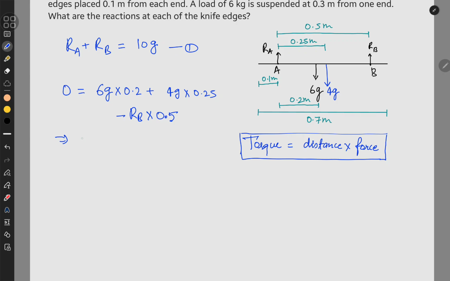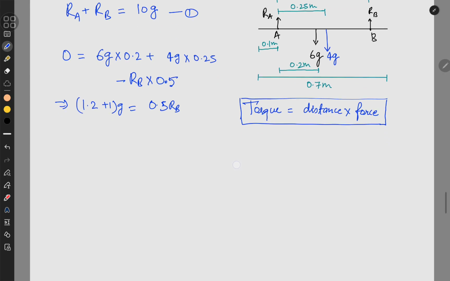So it is 1.2 plus 1 times g equals 0.5 R subscript B, and if we take g to be 10 meter per second squared, this will be 22 equals 0.5 times Rb, and Rb is nothing but 22 divided by 0.5, and hence it is 44 Newton.